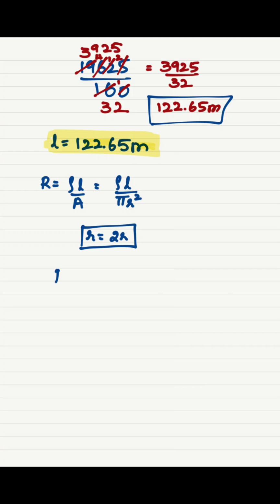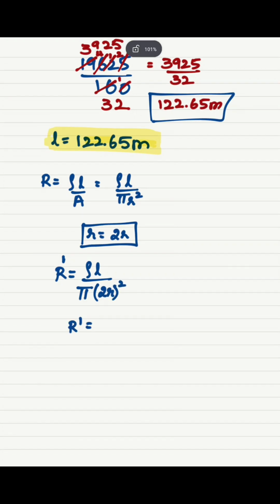So R dash is equal to rho L by pi, in place of r I'll use 2r whole square. So R dash is equal to rho L by pi, and 2 square is 4 r square.